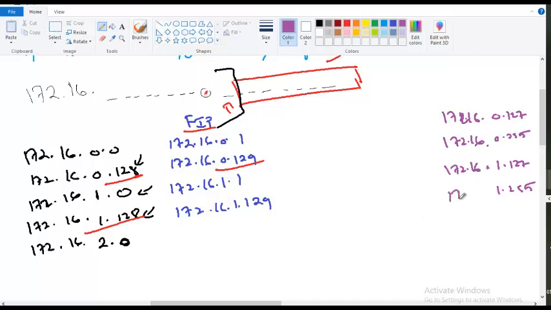So it's 172.16.1.255. So first four, you know how to write, and you know what will be the last IP address.